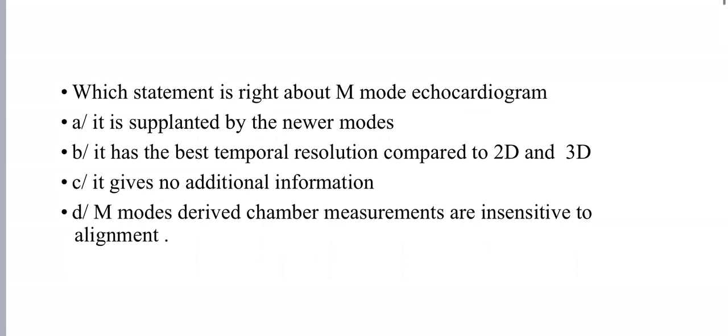So the M mode used in echo, we use to depict the walls, the dimensions, TAPSE, which is tricuspid annular plane systolic excursion, IVC, mitral valve M mode, aortic valve M mode, septum M mode sometimes, RV free wall sometimes, and others.